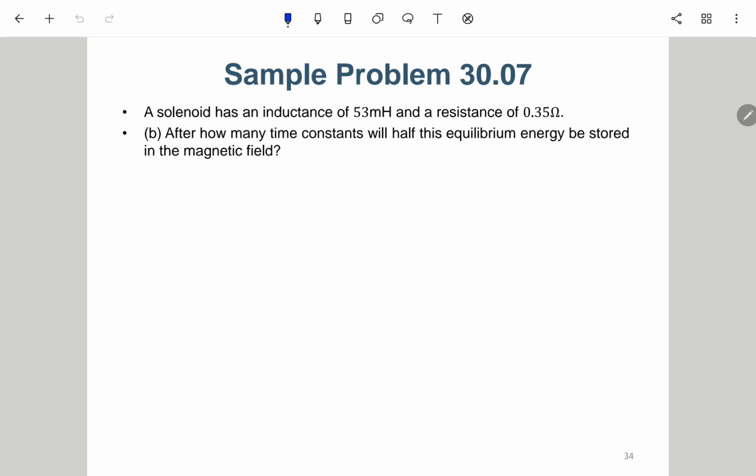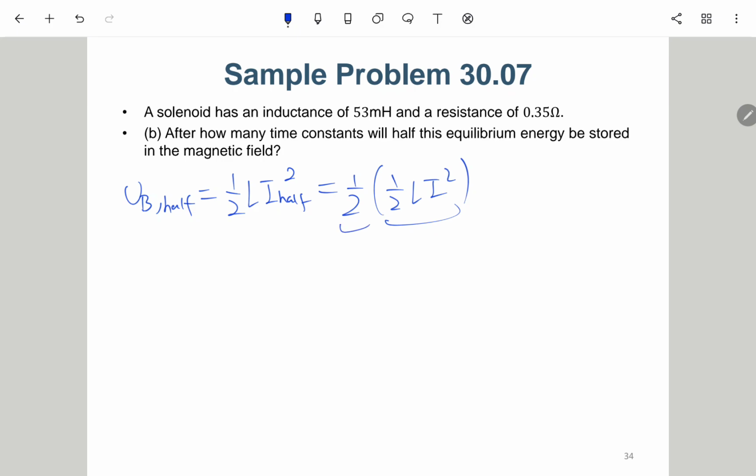So it is like UB half will be half of Li half square, which is half of Li square. Okay, so this is the original, the full power. So we need to take half of it.